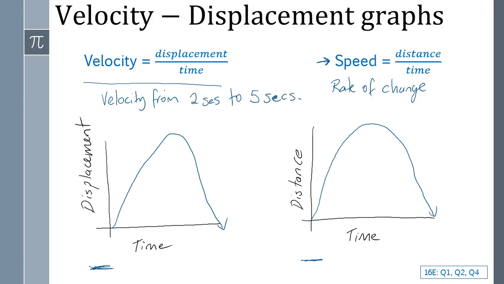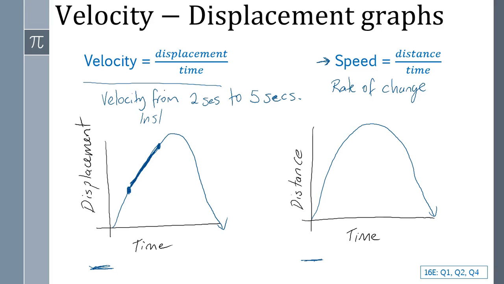And what you're going to do, you're going to find the point at 2 and at 5, and you're going to find the linear function that gives that velocity over that time. Okay, exactly the same as when we did it with rates of change. So that is an average velocity.